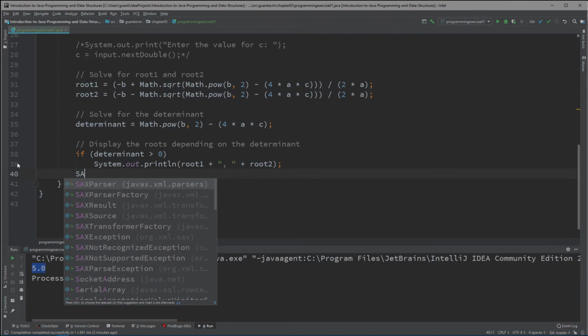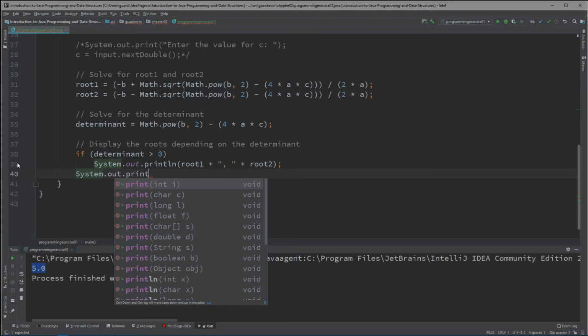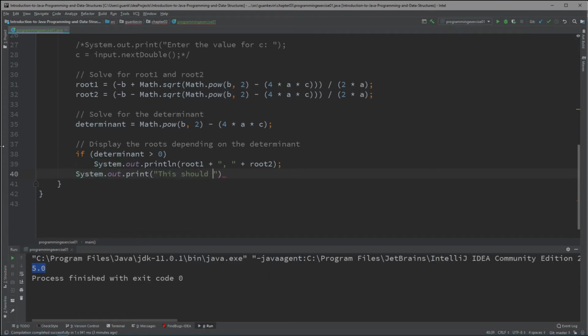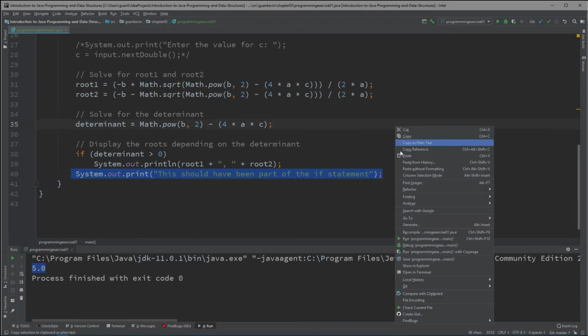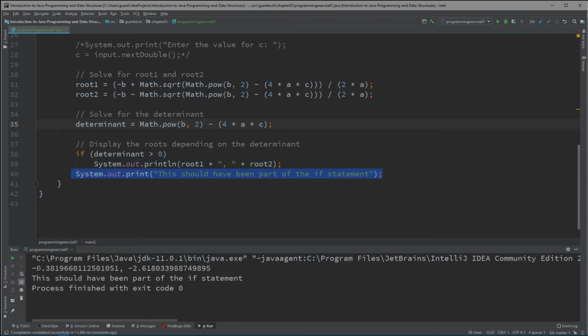And then I'll say system.out.print, this should have been part of the if statement. So right now we know that determinant is 5, right? So since this is 5, it'll display this, and it'll display this, which makes sense, right? So it'll display the root, and then it'll display this should have been part of the if statement.